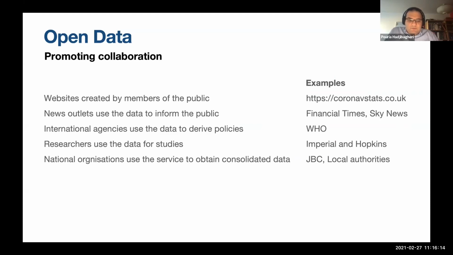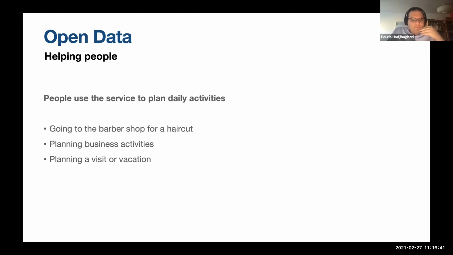International agencies like WHO use it to derive policy. Researchers use it to do studies, like from Imperial and Johns Hopkins and elsewhere. National organizations use it to obtain consolidated data for different purposes, so Joint Biosecurity Council, local authorities, police, different organizations who regularly get the data from the service.